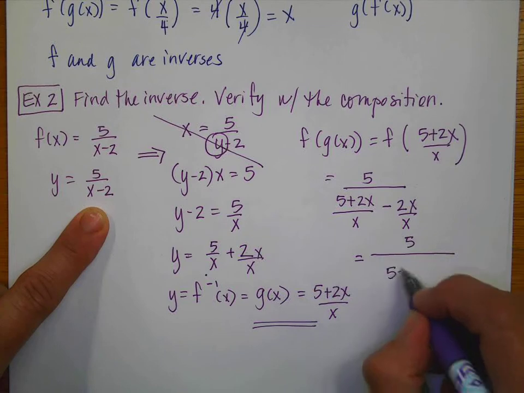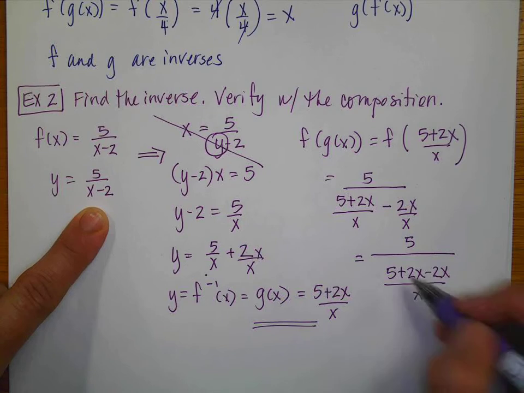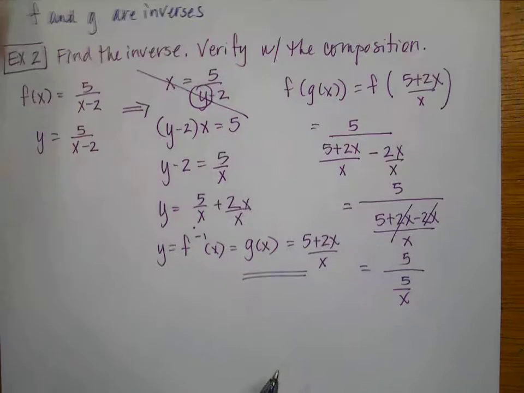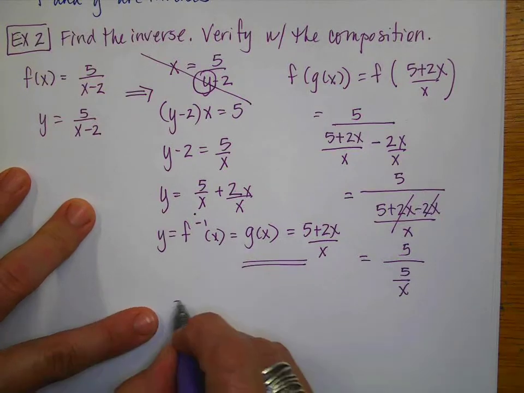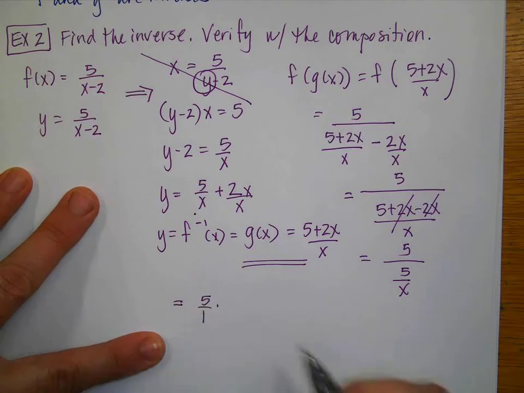So I have 5 over 5 plus 2x minus 2x over x. Notice that the 2x's cancel. So then this is 5 over 5 over x. Getting better. If I have a fraction divided by a fraction, I'm going to come over here so I have more room. I multiply by the reciprocal.